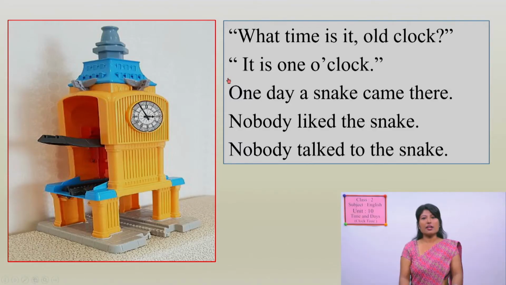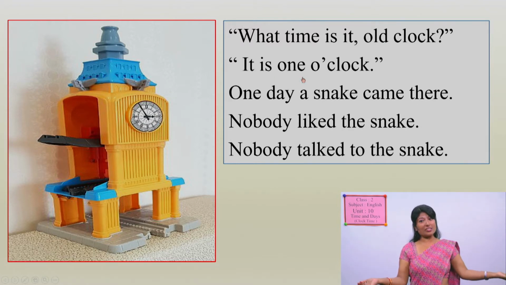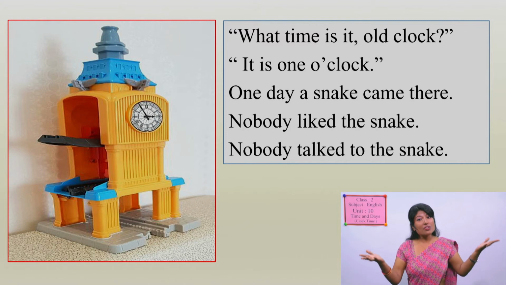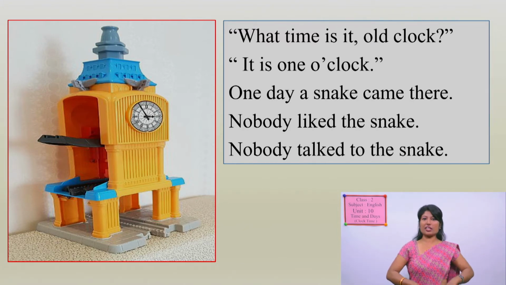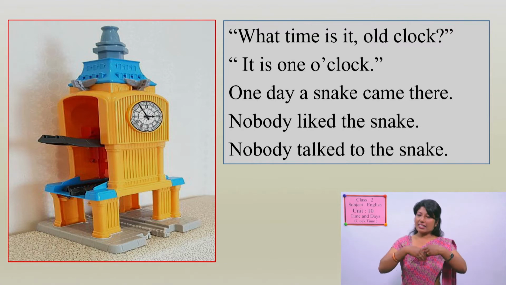People out there used to ask, what time is it, old clock? All the people asked, what time is it, old clock? It is 1 o'clock. Though it was an old clock, it used to give correct time.